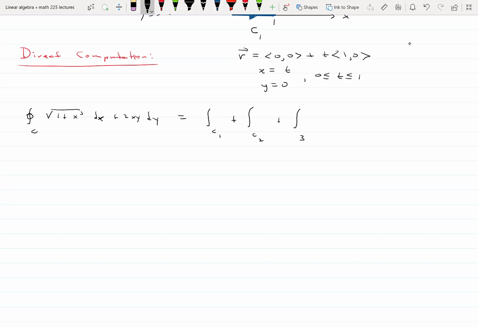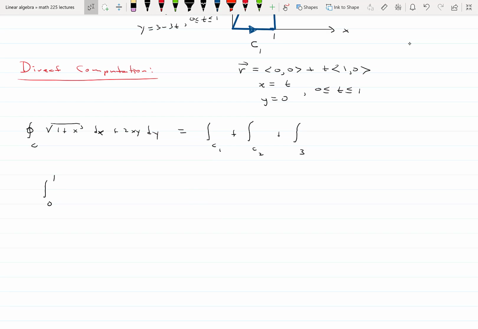So let's look along C1. Along C1, it becomes the integral from 0 to 1. We stuff the parameterization of C1 into the integral, so the square root of 1 plus x equals t, so dx equals dt, plus 2 times x times y, 2 times t times 0, and since y equals 0, dy equals 0 dt.